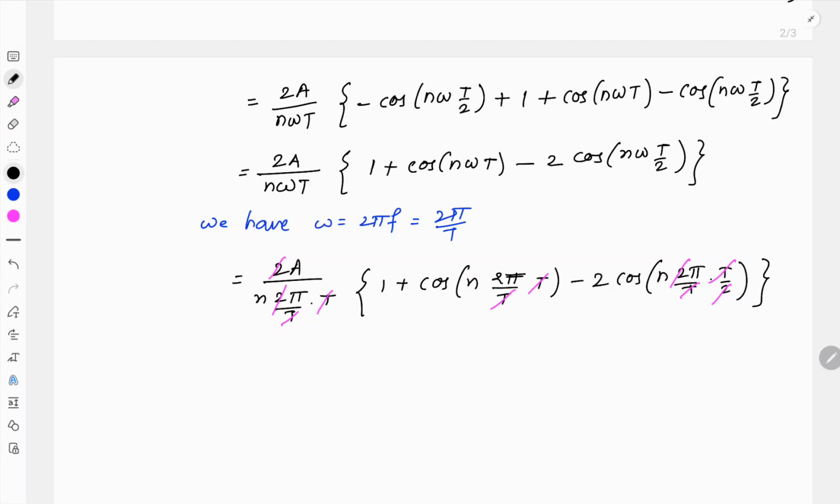So the simplified equation becomes a upon n pi, 1 plus cos of 2n pi minus 2 cos of n pi. So now again we have one more identity.